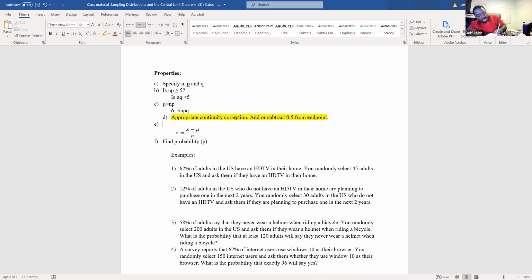This will help you understand this better. If you have a histogram, and if it's a binomial, if you have this value here, C, you will say the probability of C, because C is the exact value.